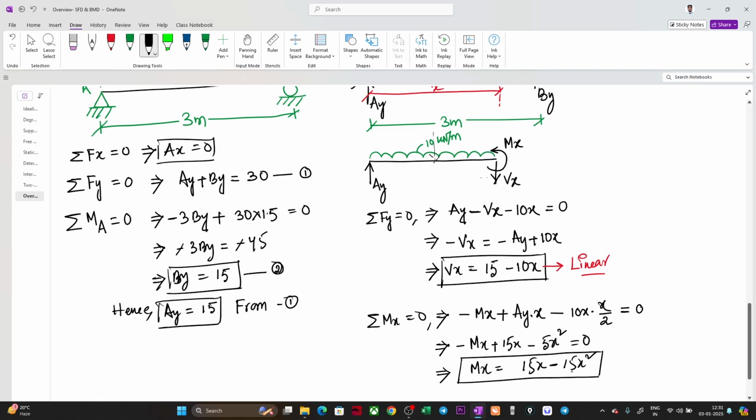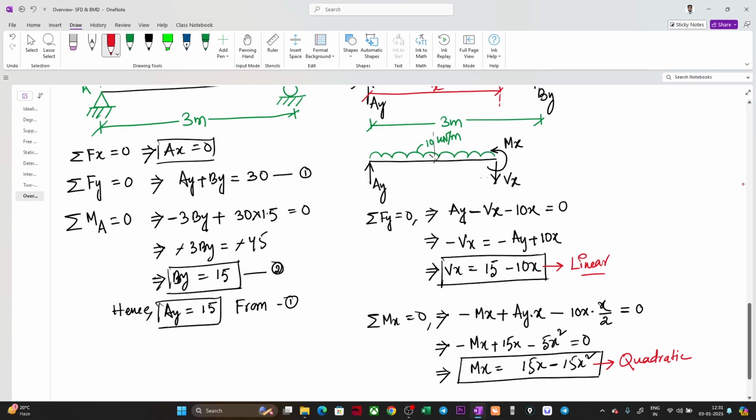And it is now one order higher, we are getting a quadratic equation here, and from this expression we understand that the shape of the bending moment is going to be a parabola.